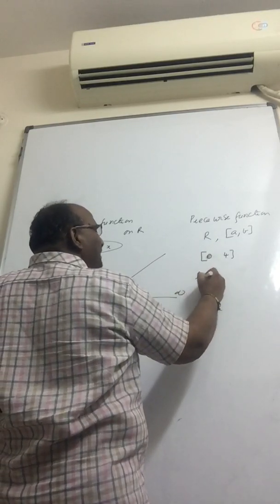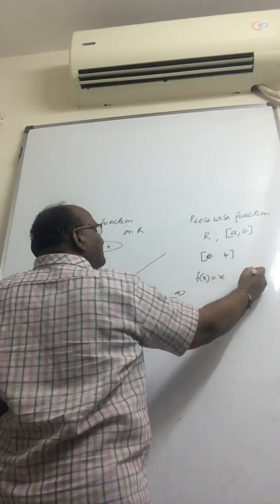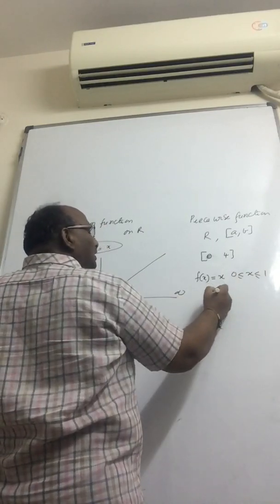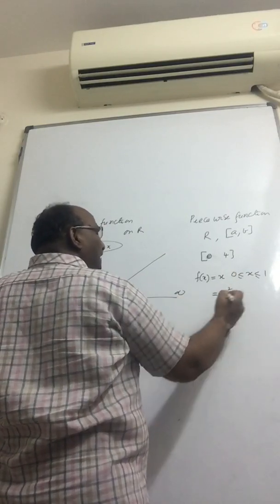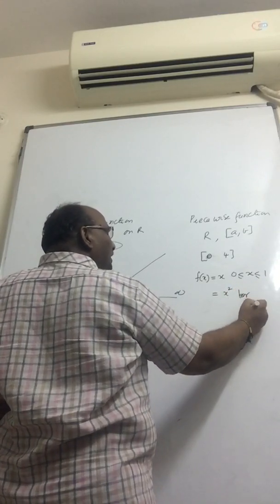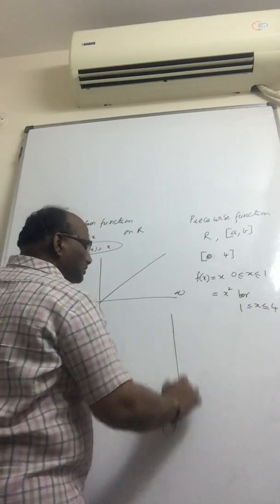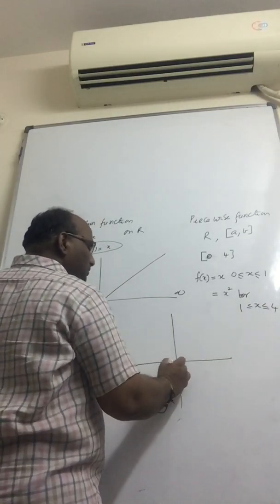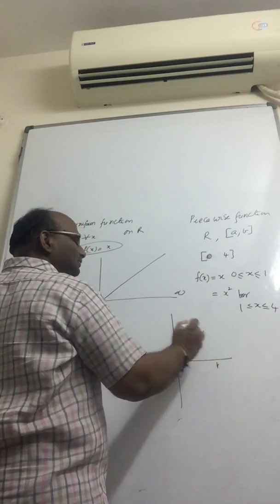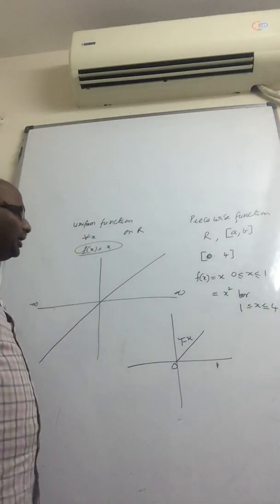I am defining f of x as x for x lying between 0 and 1, and x square for x lying between 1 and 4. So here from 0 to 1 it is y equal to x, and for 1 to 4 it is x square.